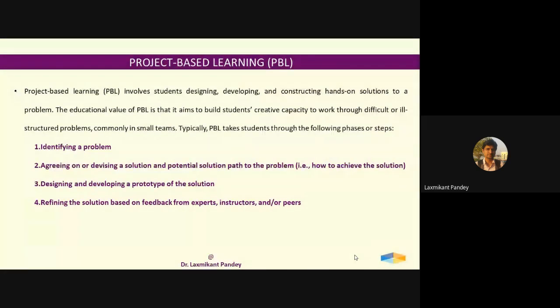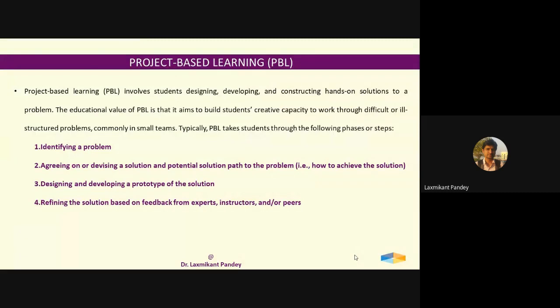If the student is able to find a specific solution for those problems, what he is going to do next is discuss among other stakeholders.